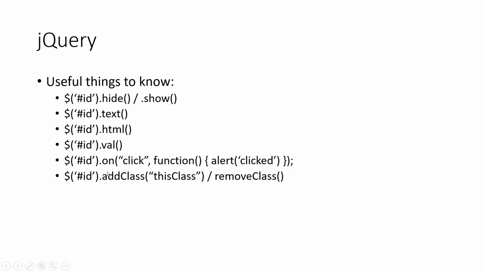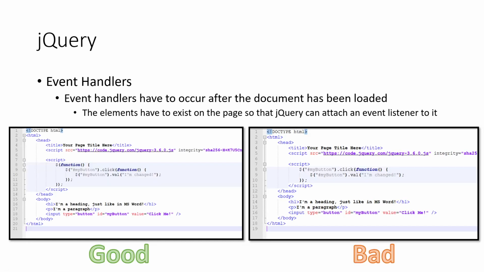You can do, like I mentioned, on and then click, and then here you can type mouse over or mouse down, or there's a lot of events that you can do, or you could be very specific and do .click if that's allowed. You would have to look at the documentation to see what kind of events you can do this with.